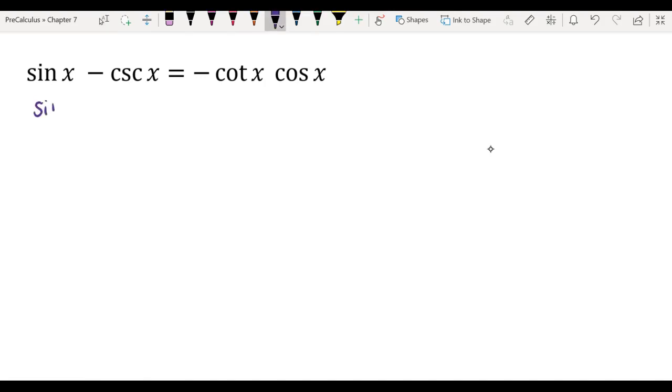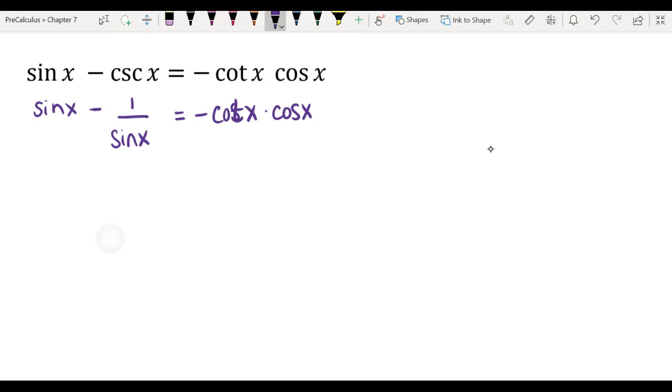So we have sine of x minus 1 over sine of x equals negative cotangent of x times cosine of x. What do we have to do next? Nope, because they're subtracting. Common denominators.